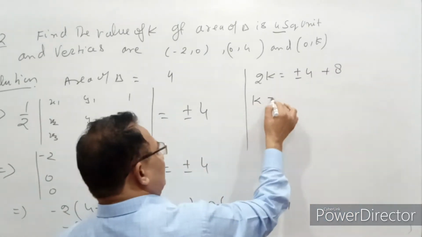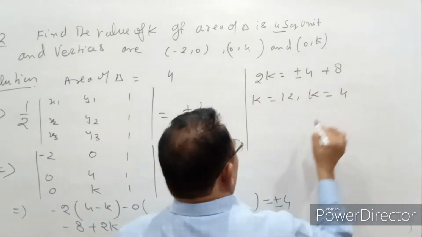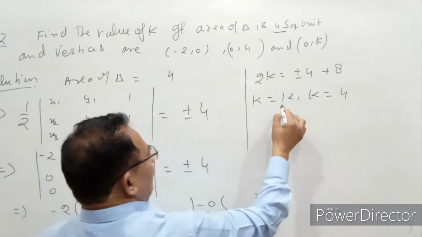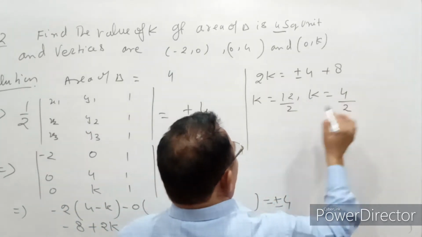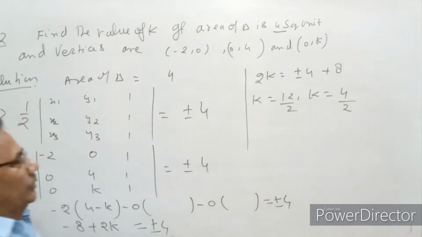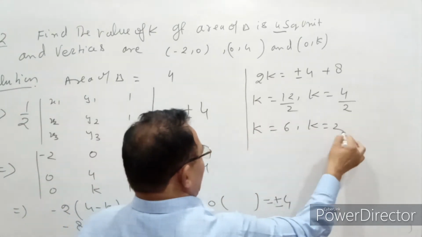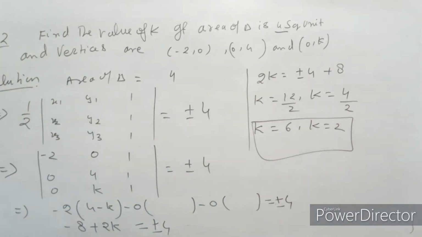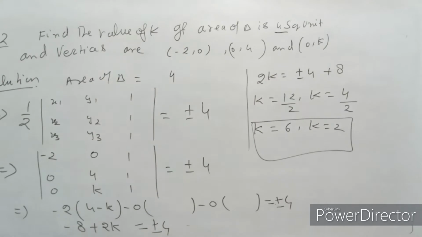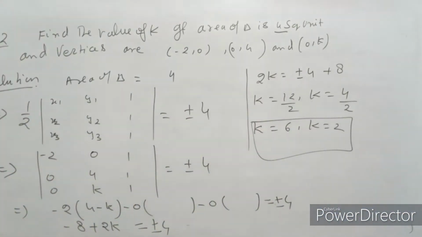That is, k is equal to 12 by 2, or 4 by 2. So k is equal to 6, or k is equal to 2. This is the value of k. So this is also an application of the determinant.